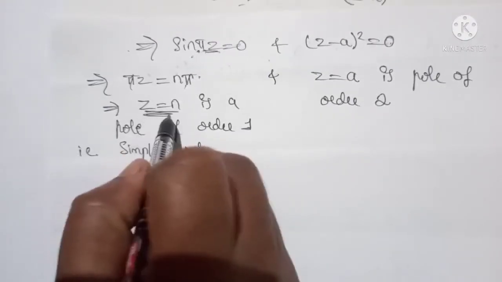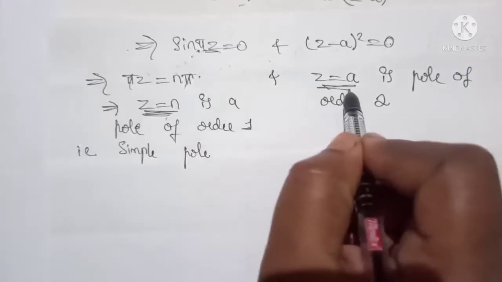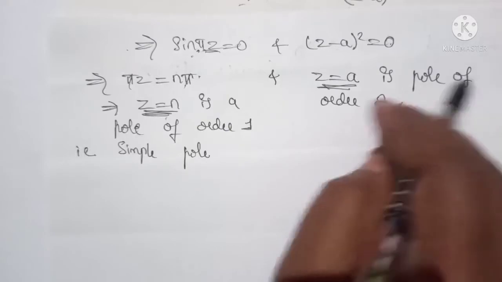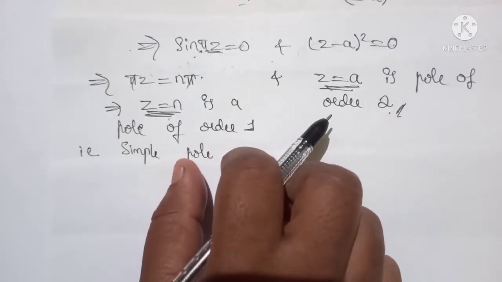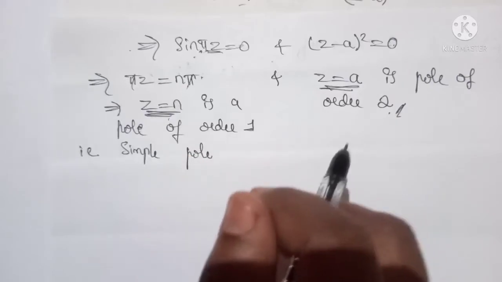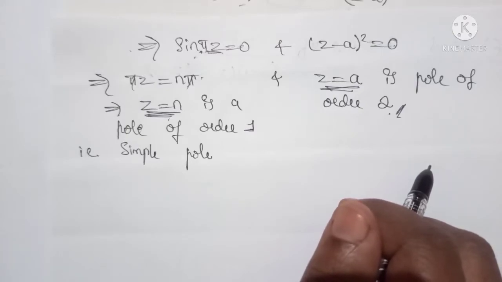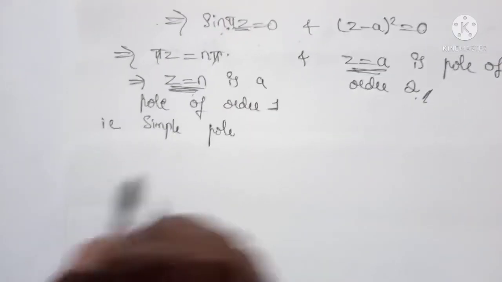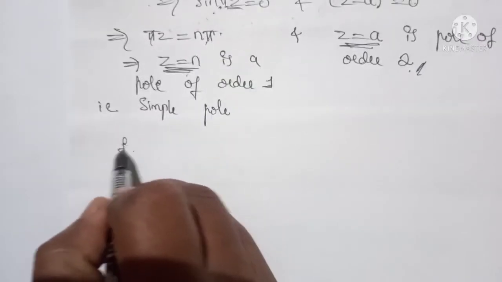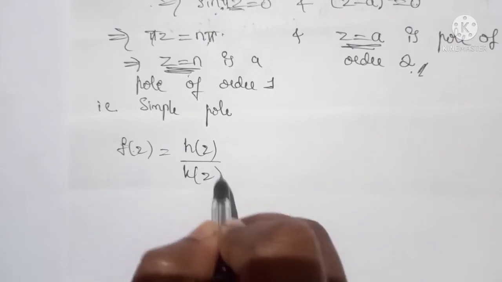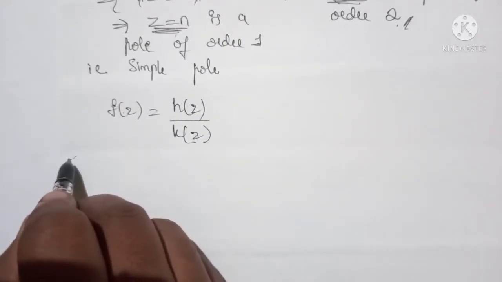Now we have to find the residue at z equals n and z equals a, but it is of pole order 2, so here we use the second formula, and for this one we don't use the first formula, because if we use the limit formula, the first formula, we will get z minus n there, but that won't cancel. Therefore we transform this f of z in terms of h of z divided by k of z.